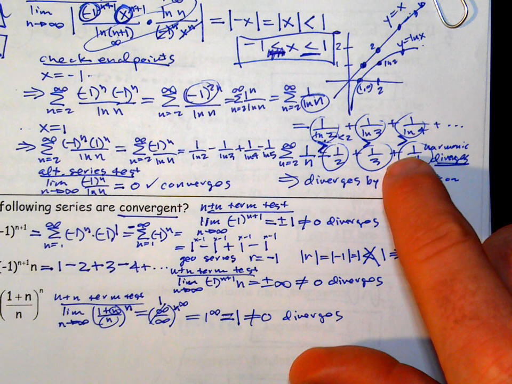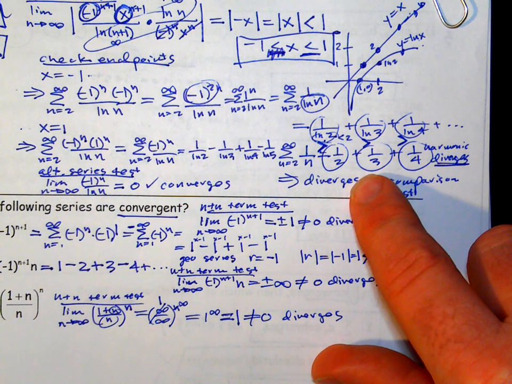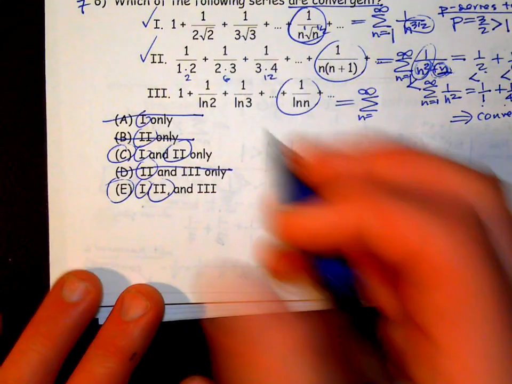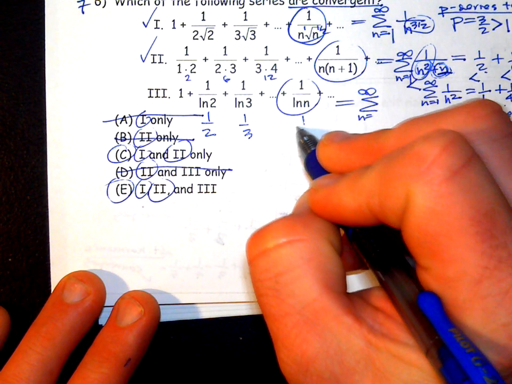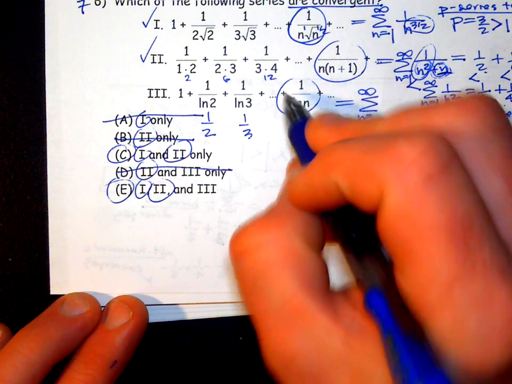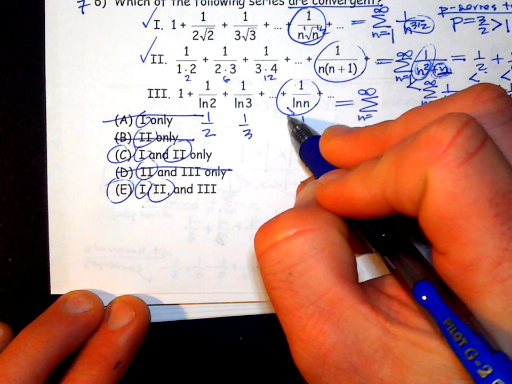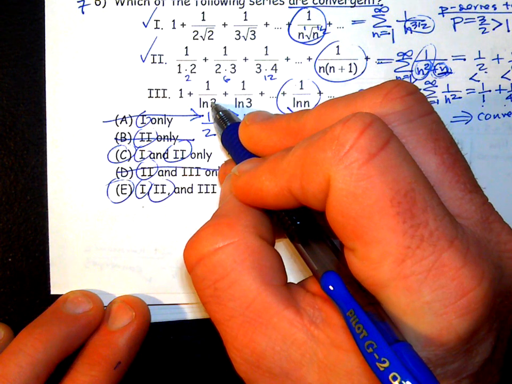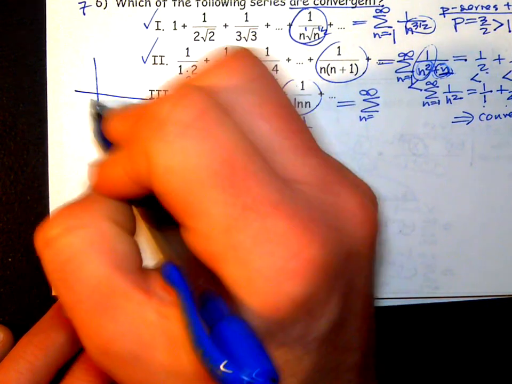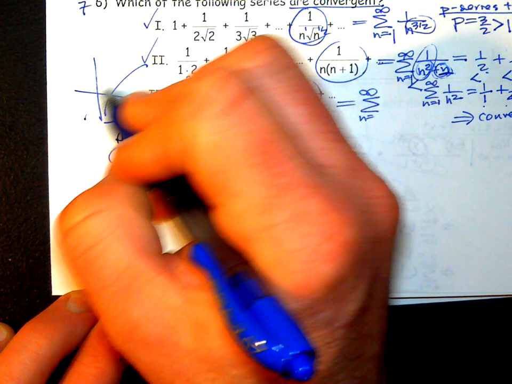And what we did was we compared them to our harmonic series. So we said, okay, well, 1 over 2, 1 over 3, 1 over n. These terms are all bigger than these terms because natural log 2 is smaller than 2.